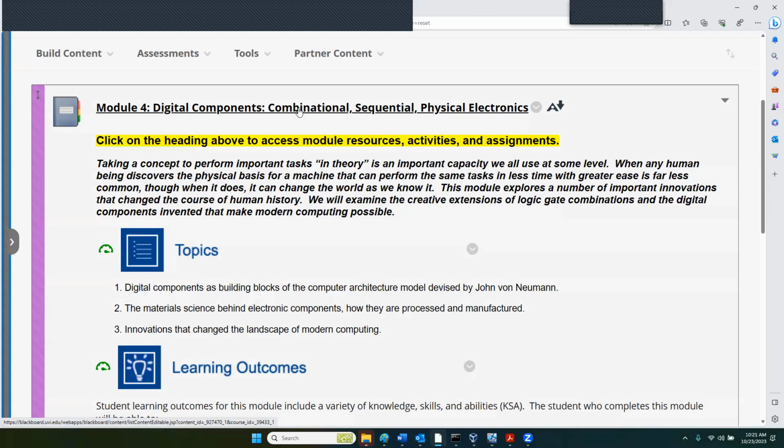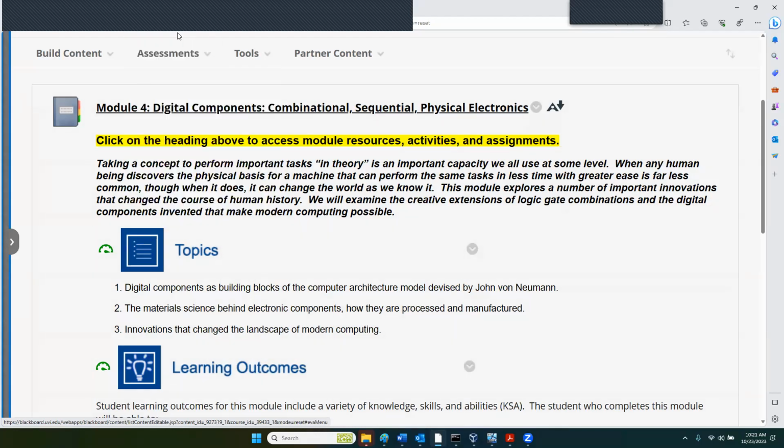But then once those components are specified, that's when the real magic happens. So we take those digital components and then we build things like memory chips and CPUs and motherboards and so on. So that's the focus of module 4.